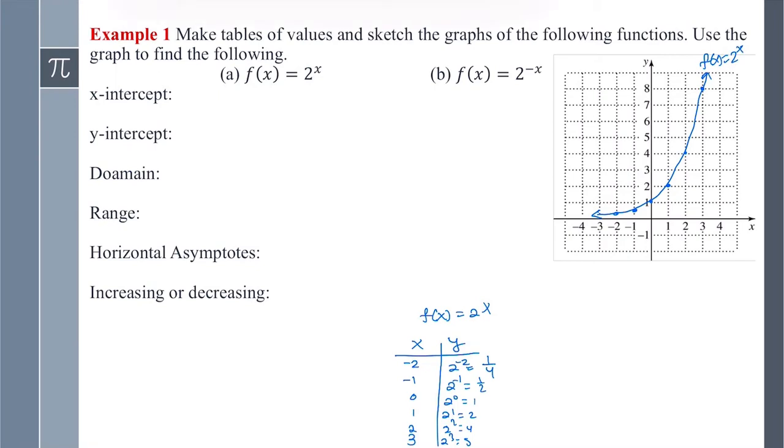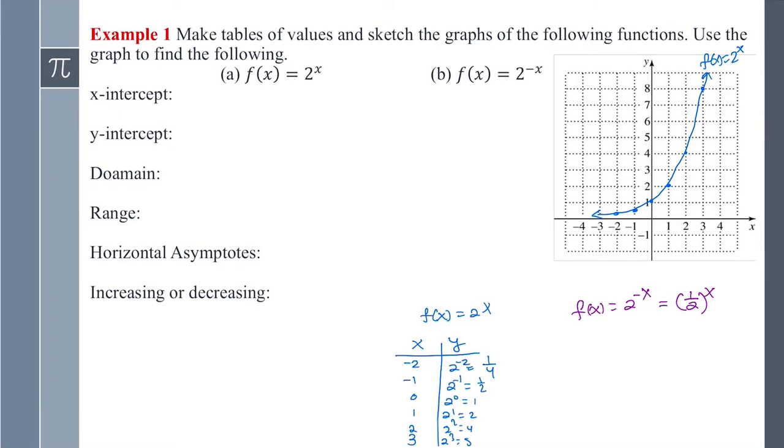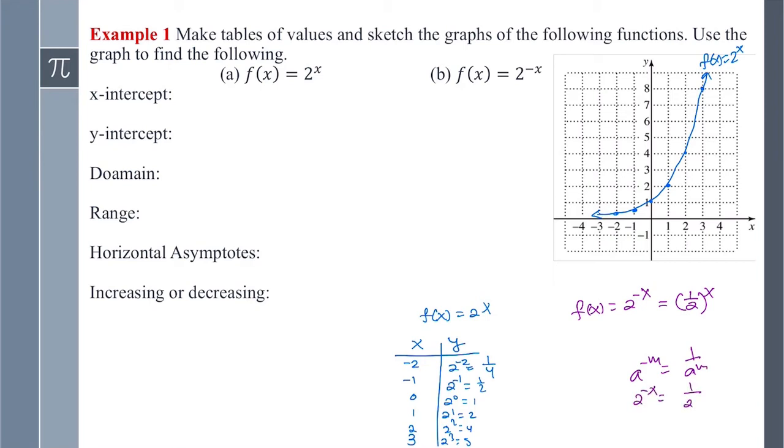Now similarly, if we make a table for f of x equals 2 to the negative x, also remember 2 to the negative x can also be written as 1 over 2 to the x. With again the same rule, if we have a to the negative m, I can write 1 over a to the m. So if we have 2 to the negative x, we can write 1 over 2 to the x.